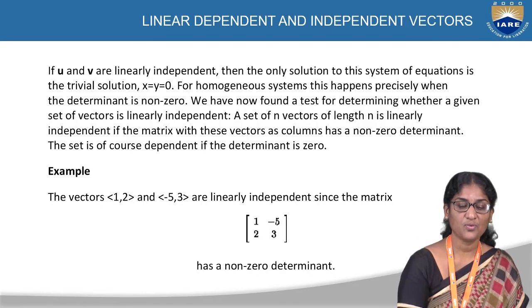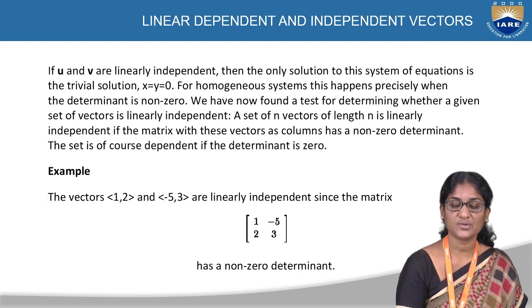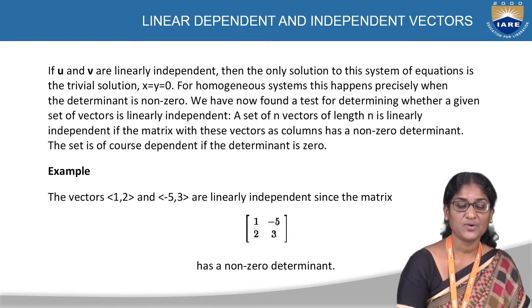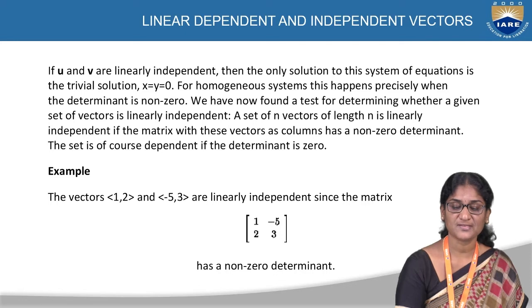If u and v are linearly independent, then the only solution of this system of linear equations is the trivial solution, that is, the values of x and y are zeros.